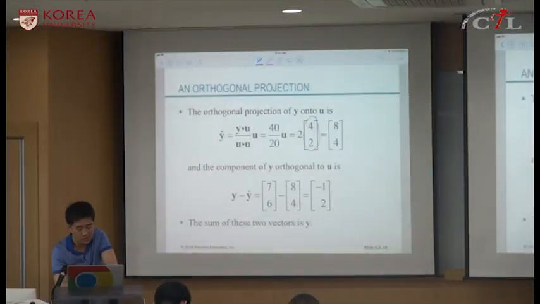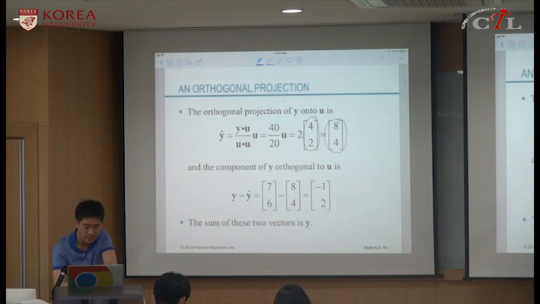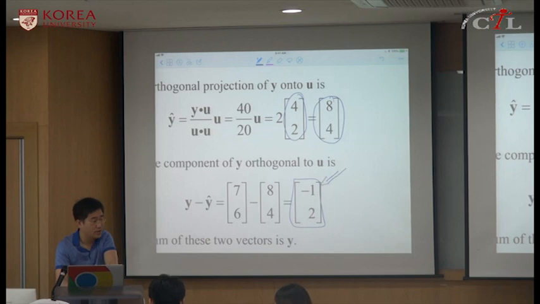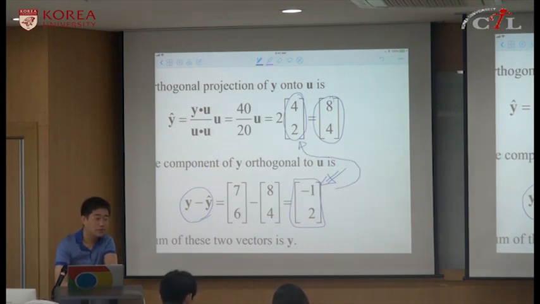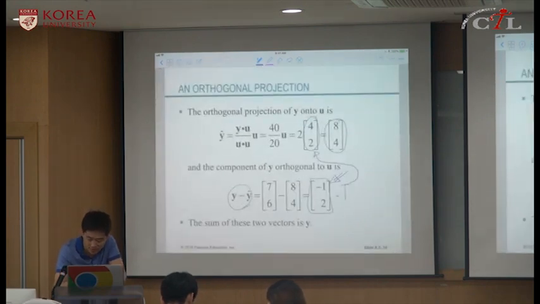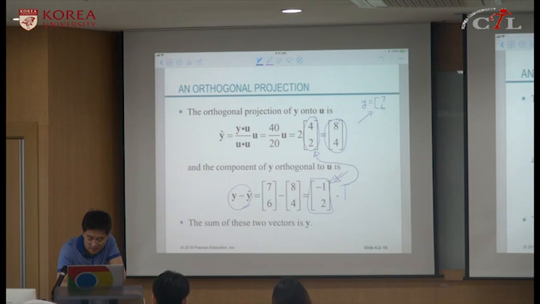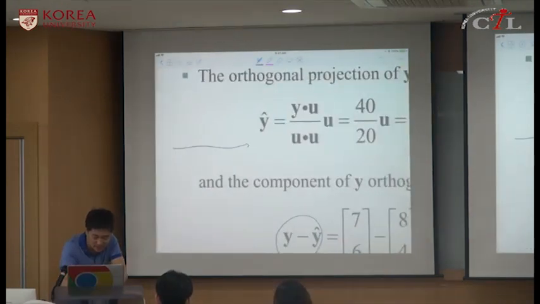So plugging in this original u, we obtain this. And this guy is the second component, right? And this vector is perpendicular to (4, 2). Let me redraw this, and this y is currently (7, 6). Let me draw it realistically.